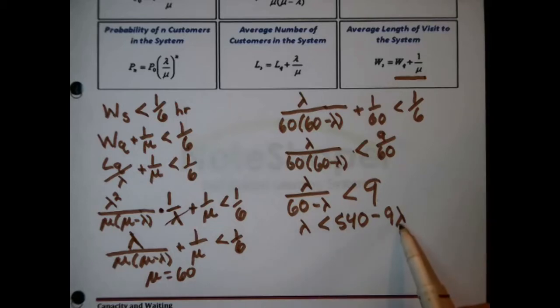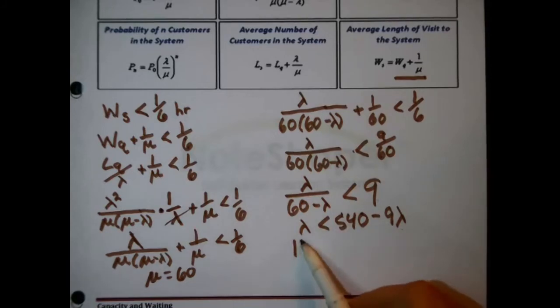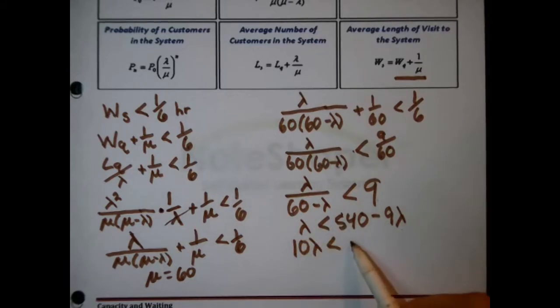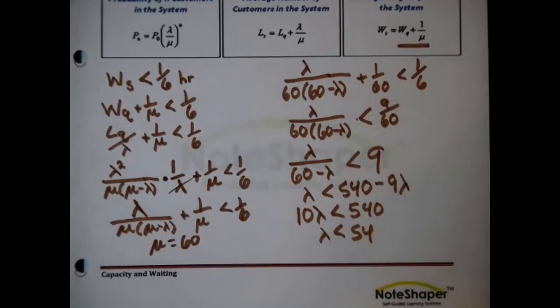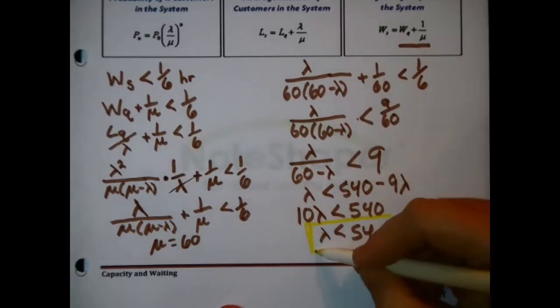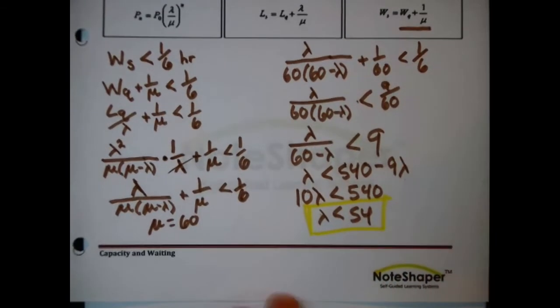I can add 9 lambda to each side so that this becomes 10 lambda less than 540. Oh wait, which means lambda less than 54. I just solved that whole part B, basically, without having to actually substitute in any lambdas and mu's and calculate any wait times.